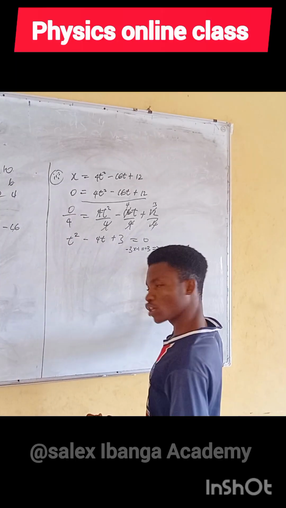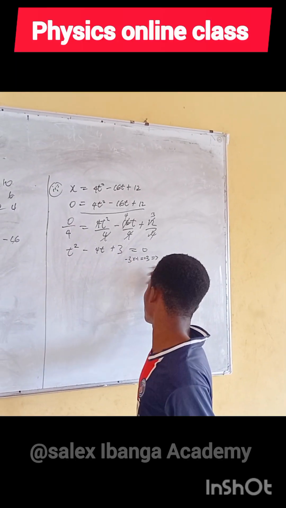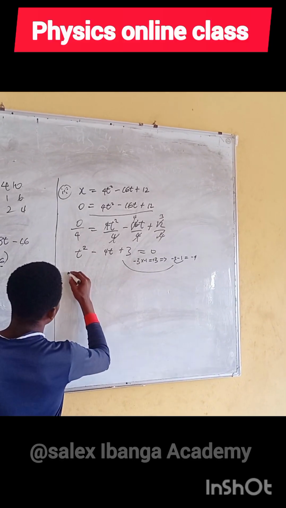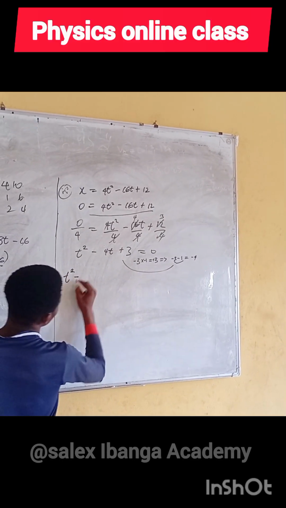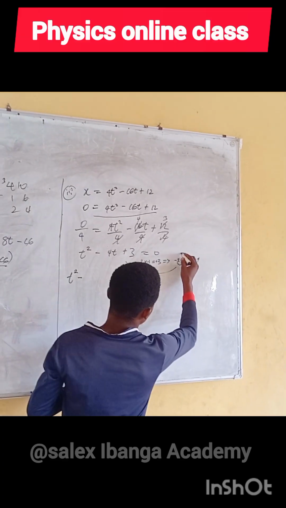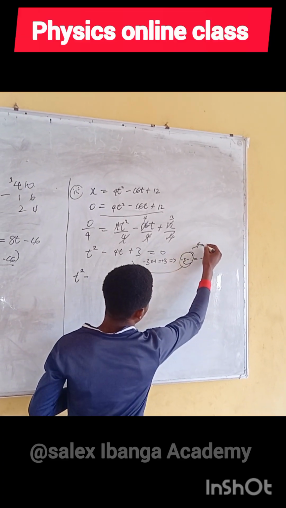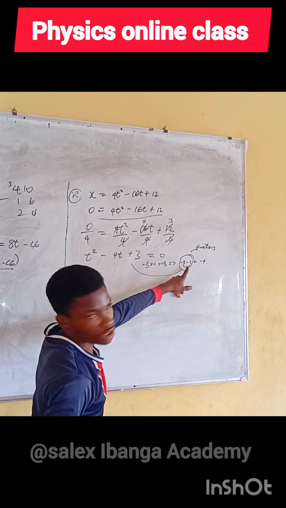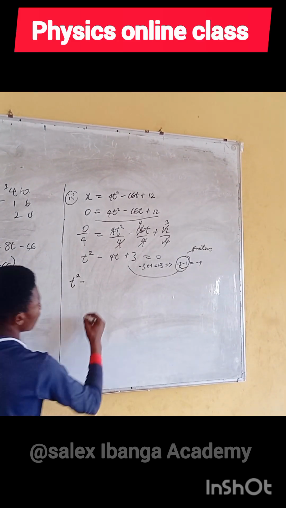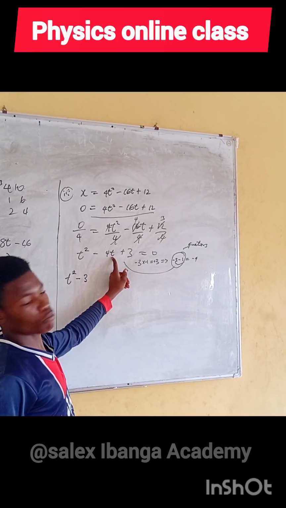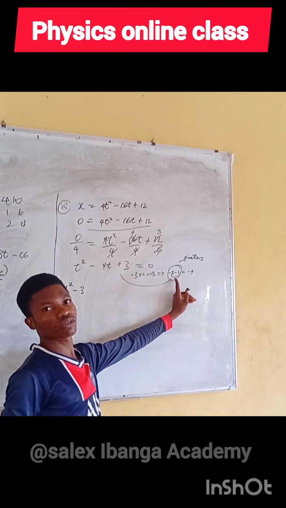So let me quickly substitute these factors. I have t squared minus 3t minus t plus 3 equals 0. Remember, you always multiply t in each of those factors.